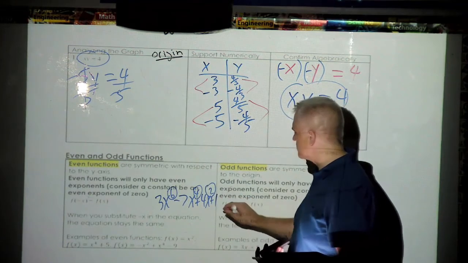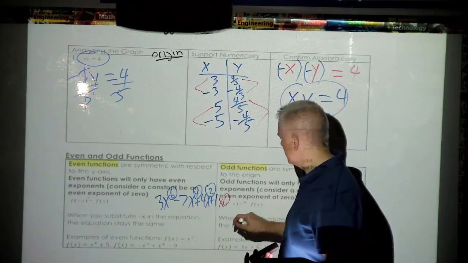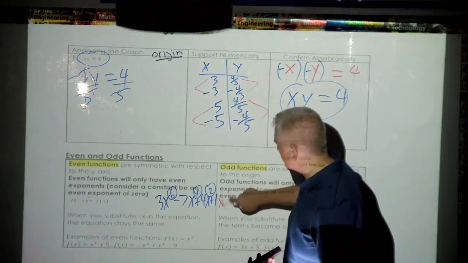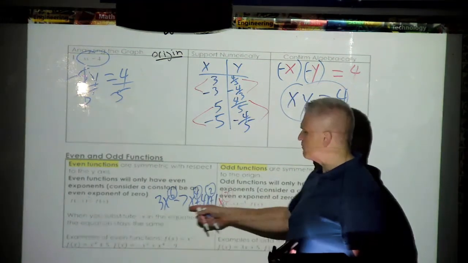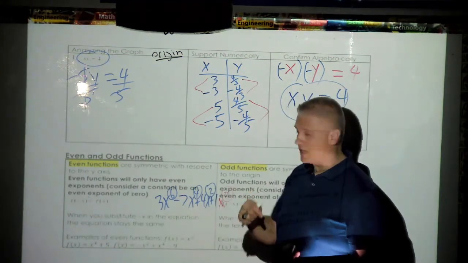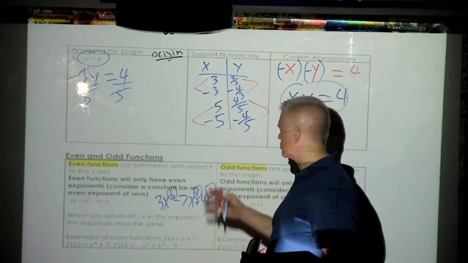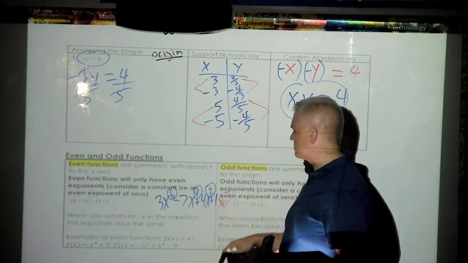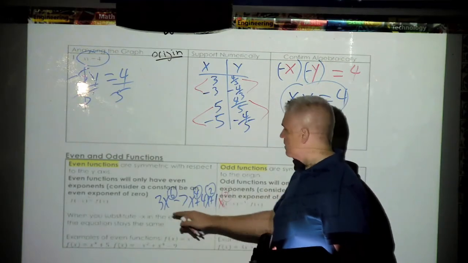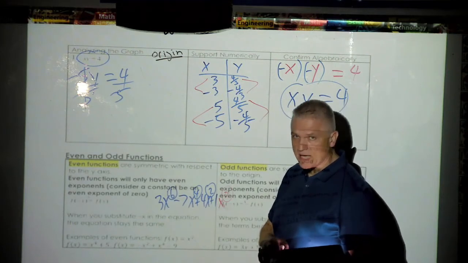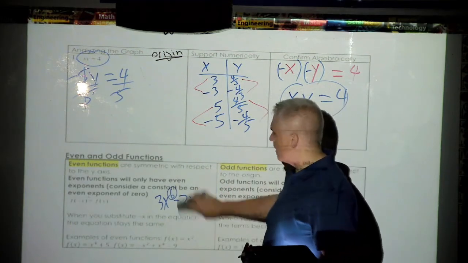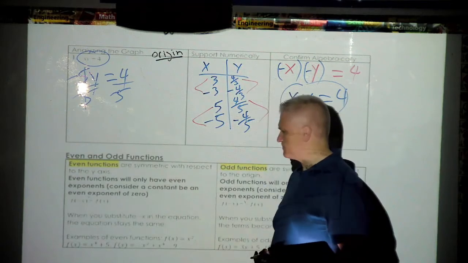And this is a constant, so that's x to the 0. The 0 is even, so the exponent is even again. So that would be an even function. 3x to the 6th minus 7x to the 4th plus 4x squared plus 1x to the 0. Notice it's only the exponents of the variable that we're looking at. That's it. If they're all even, it's an even function.